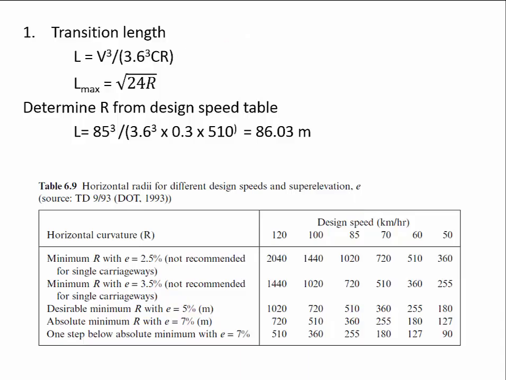That's the reason for these conversion factors. So put that in. L is 86.03 meters. We need to check that against the maximum permitted transition length, which is calculated as 110.6. So we're okay here, because we come in under that.